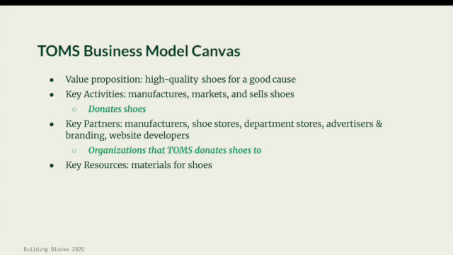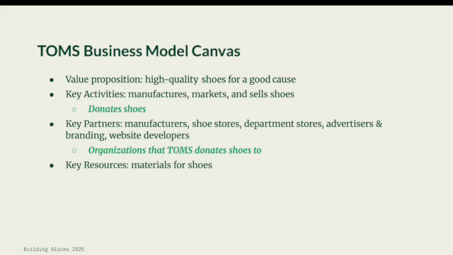Now, we'll go over the business model canvas of Tom's rather quickly. Note that the lighter shade of green denotes the elements that are unique to social entrepreneurship. So, for value proposition, we have high quality shoes that are for a good cause. The key activities of Tom's is making, marketing, and selling shoes, but it's also donating shoes.